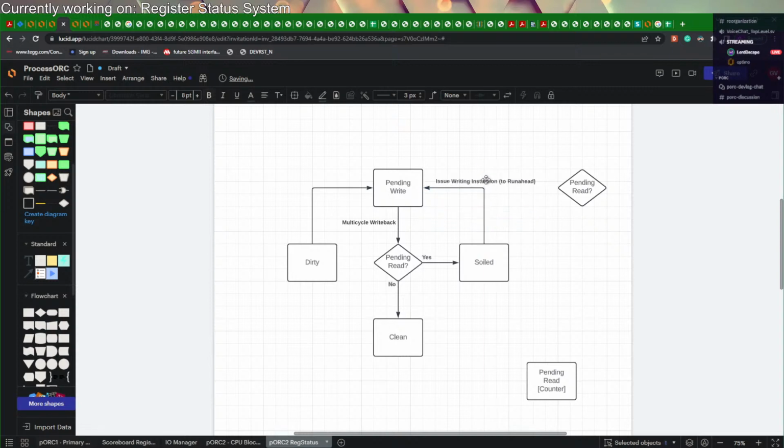Okay, so if you issue any writing instruction whatsoever, and it's soiled, you go to pending read, pending write. I really liked it. That we're finally making good progress. I feel like I'm happy with this.